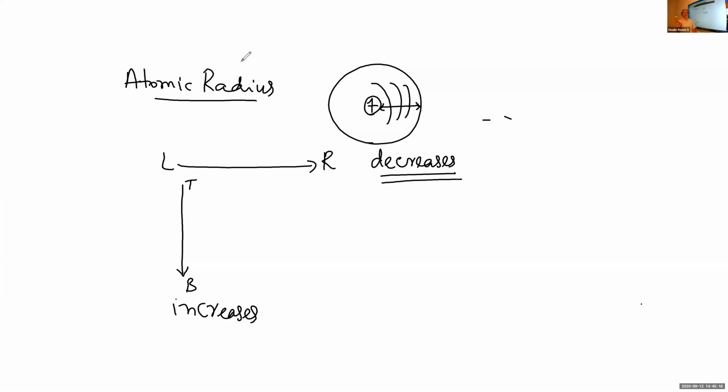They have completely filled valence shells, and there is more inter-electronic repulsion between the electrons in the outermost shell, and therefore there is an expansion of the shell, and therefore the size increases. In general, we say the atomic radius decreases from left to right along a period.